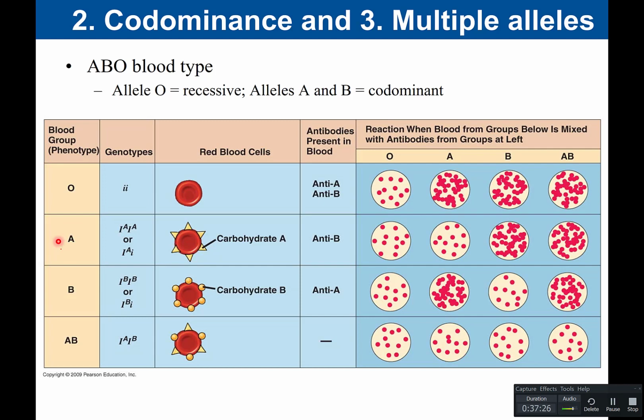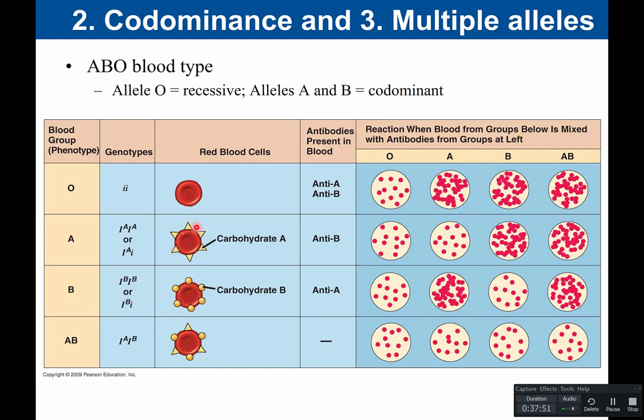Now, blood type A has 2 possible genotypes. The person could be I^A I^A, meaning they inherit 2 A alleles, or the person could be I^A little i, so they have an A allele and an O allele. Remember that the O allele is recessive. It's not seen.